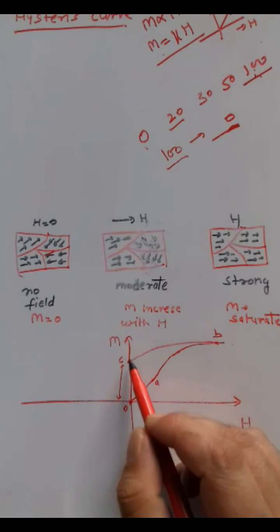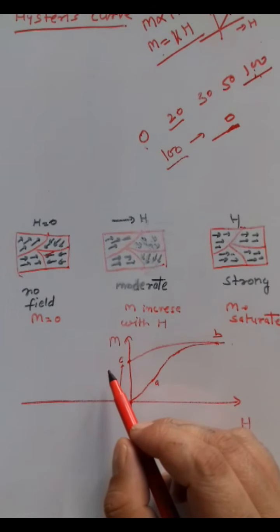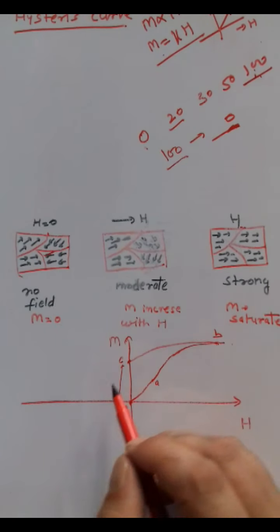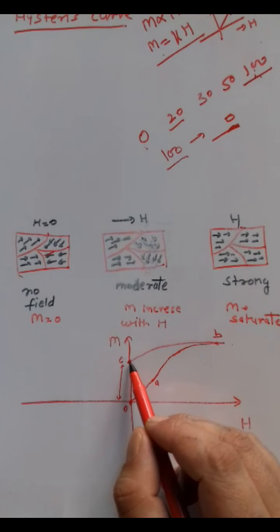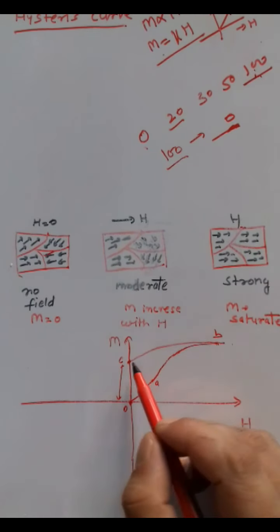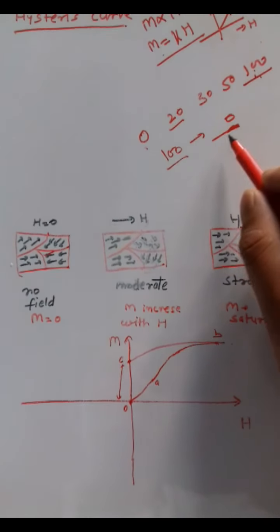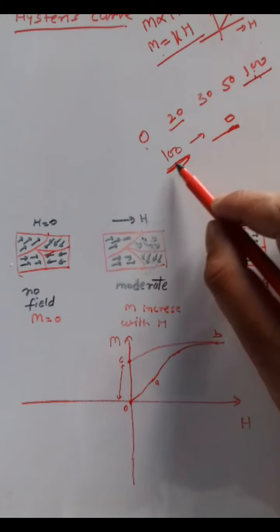This is called the retentivity of that sample, and the value of retentivity is different for different materials.